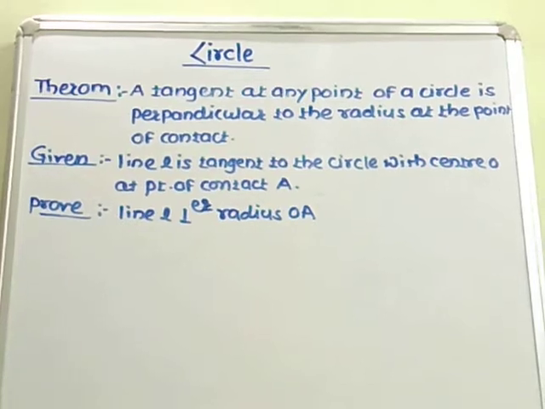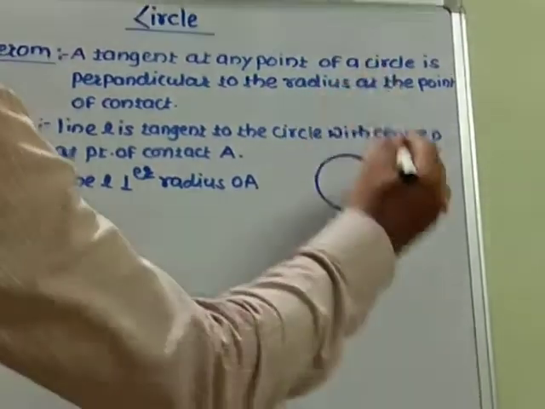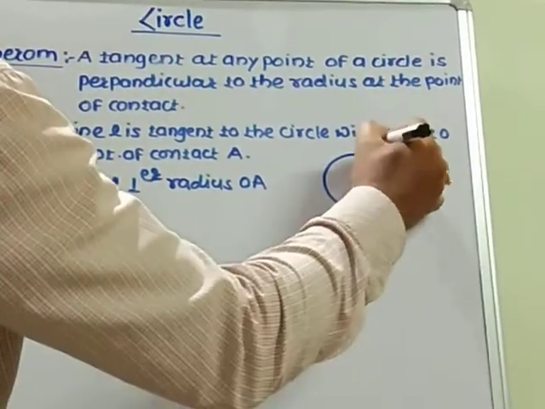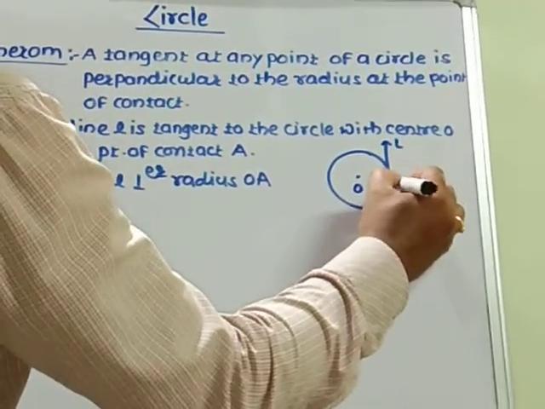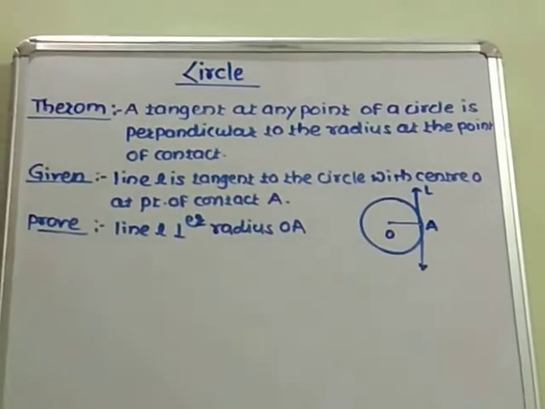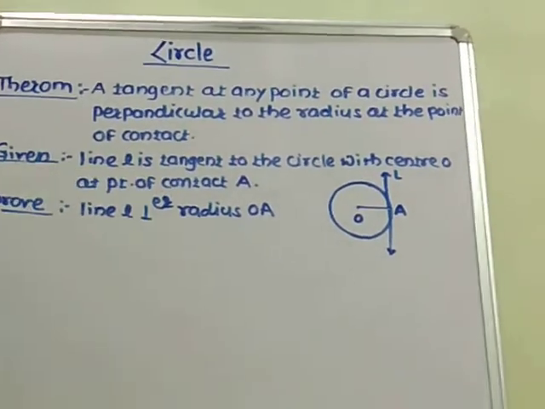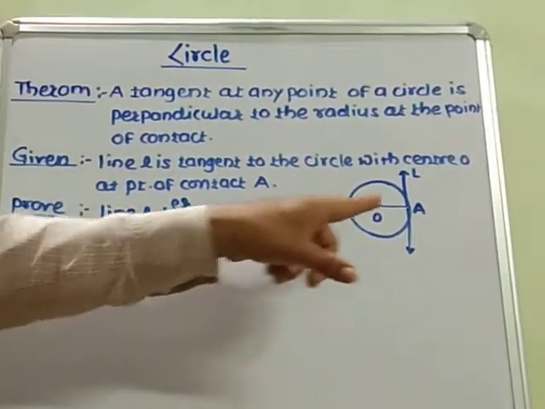Suppose this is the diagram. Here I draw a short diagram. This is a circle, this is line L, this is the center O and the point of contact A. Given: line L is a tangent to the circle with center O and point of contact A. Prove: line L is perpendicular to radius OA.